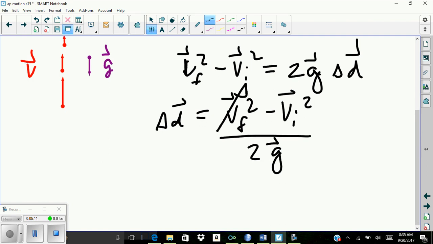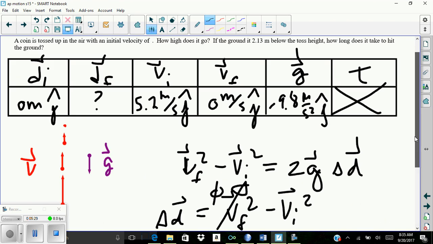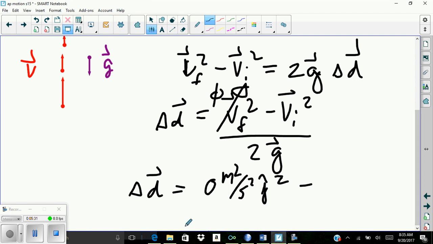My final velocity is 0, so I'm going to write that in. Delta d is equal to 0 meters squared per second squared j hat squared minus, sorry, I need more space here. We're going to have to crunch it in.